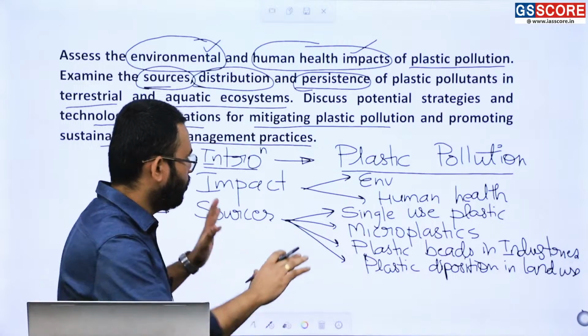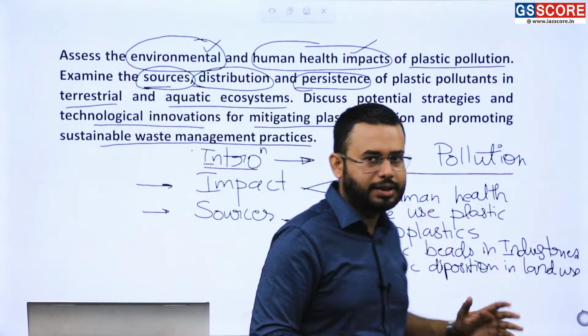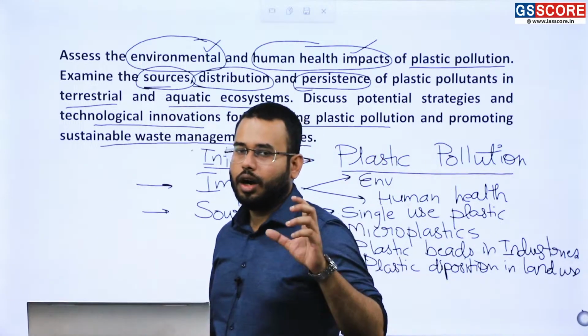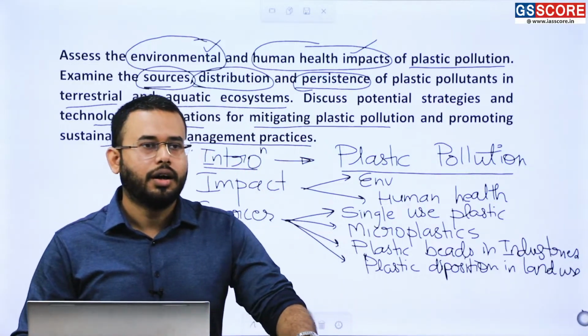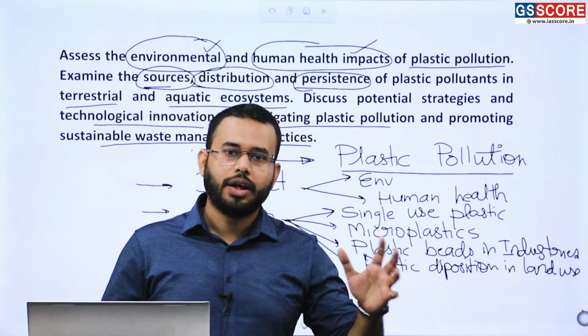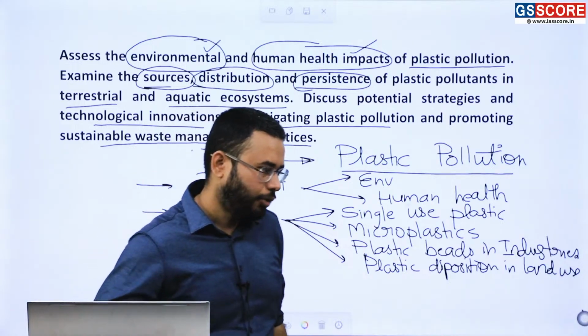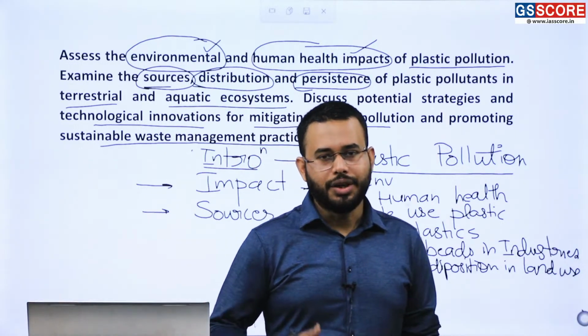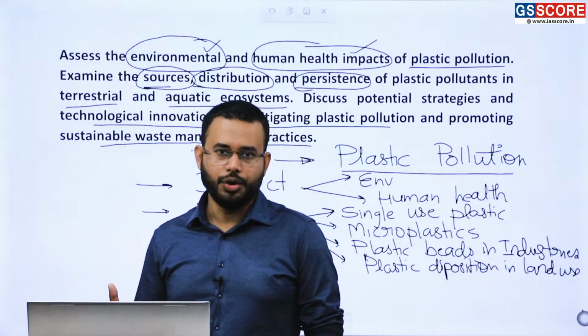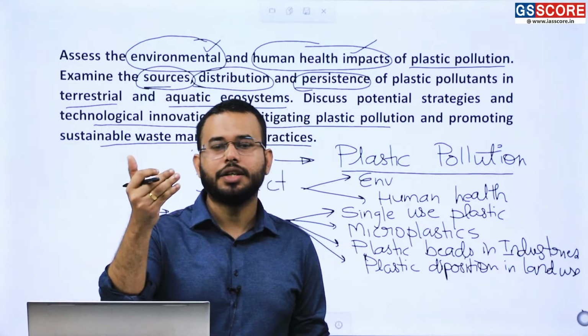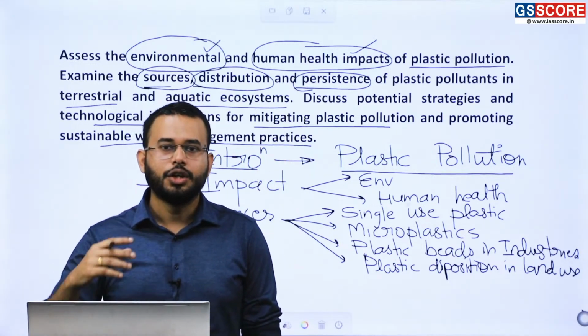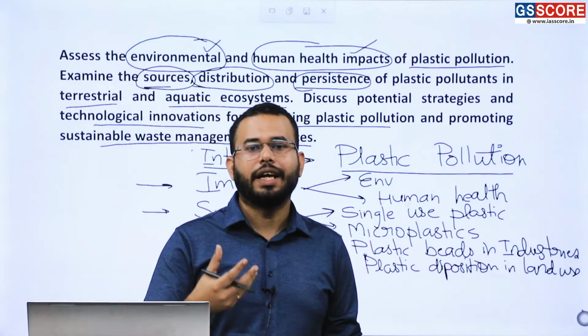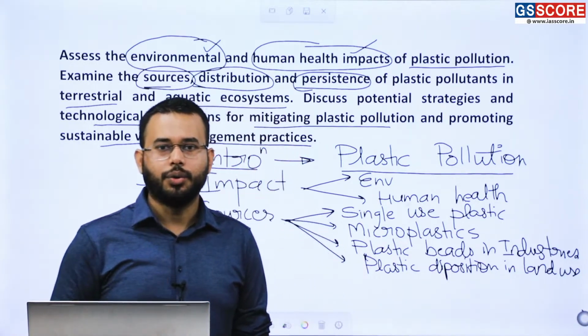So by addressing all of these parts, then you will have to conclude. You can also quote international initiative of UNEP, where they are talking about the life cycle management of plastic to deal with the menace of plastic pollution, right? So when you are quoting national initiative as well as international initiatives, your answer becomes more enriched, right? So make sure you are quoting that as well.